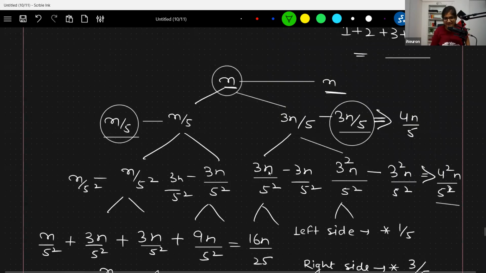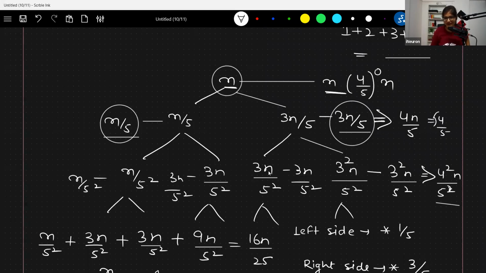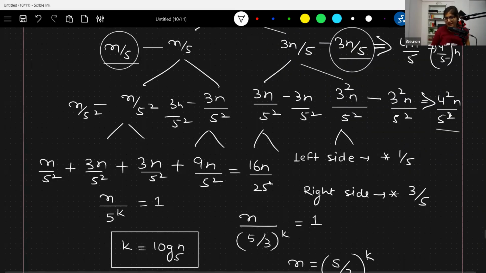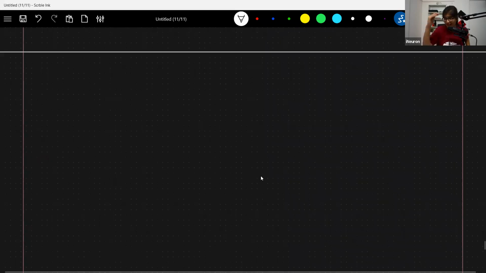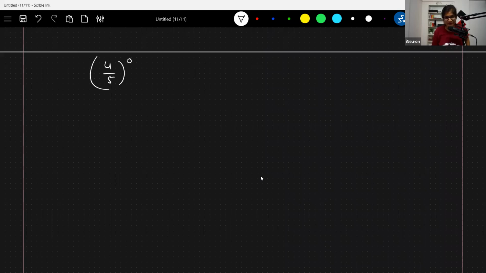So can I write this as (4/5)^0 into n at the first level? Can I say this is (4/5)^1 into n at the second level? Can I say at the third level, it will be (4/5)^2 into n? What I'm saying is that I will do the manual addition now. So it will be (4/5)^0 into n, (4/5)^1 into n.